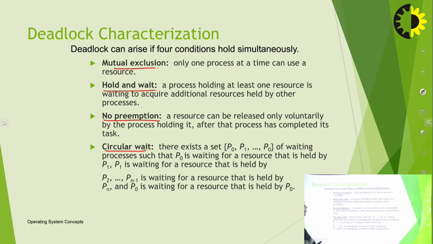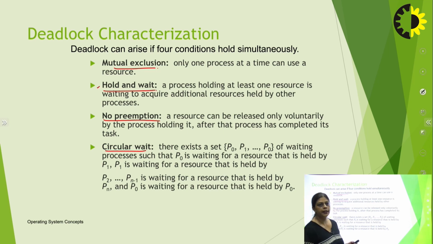In mutual exclusion, the rule says that only one process will take the resource at a time. If a process needs one resource, only that process will use that resource. That resource will not be shared with other processes. Then hold and wait.